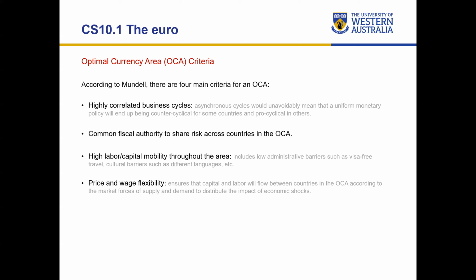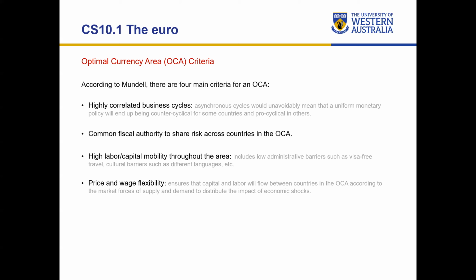And so monetary policy largely becomes ineffective at any point in time where the business cycles of those economies are no longer symmetric. Now, if all the countries are broadly moving through the same cycle, then monetary policy can be used reasonably effectively. But the problem really occurs when one group of countries is booming and another is in recession.